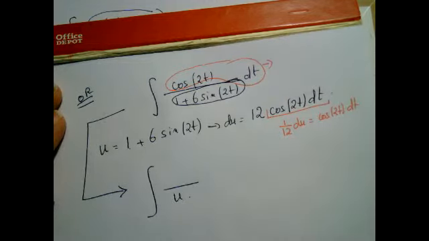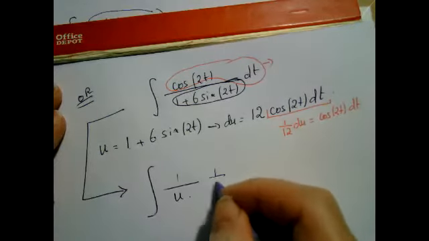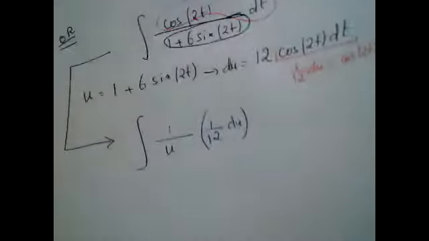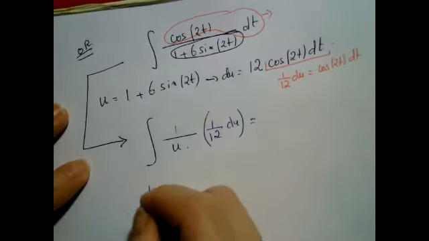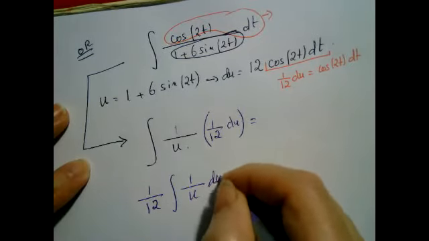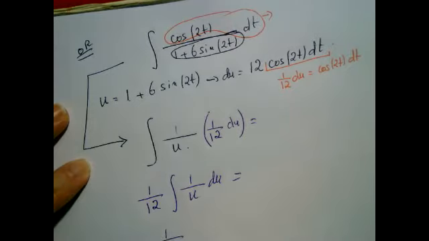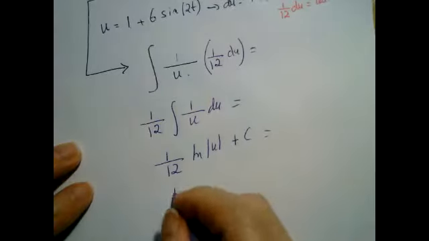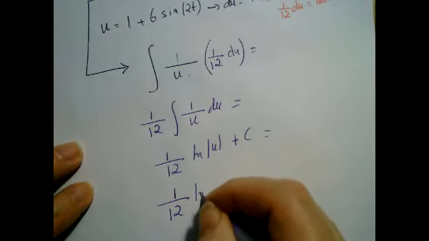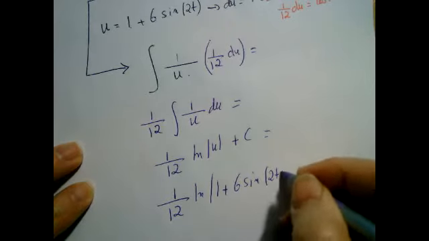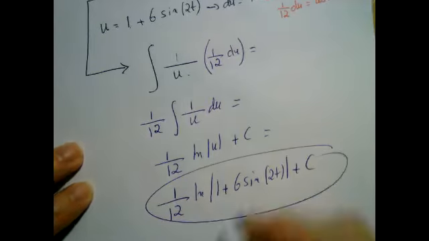So this is going to give me 1 over 12 du. Now I am safe. So 1 over 12, I can take it out. I will have 1 over u du. It means 1 over 12 ln of u plus c. Of course, we're going to get the same thing. 1 over 12 ln of 1 plus 6 sine 2t plus c. End of the problem.